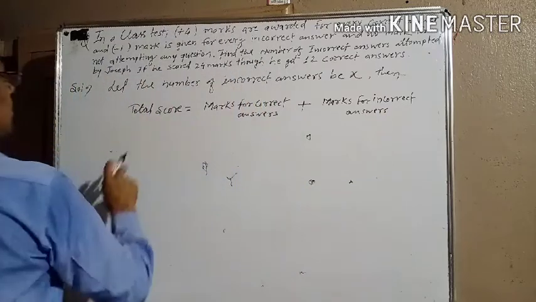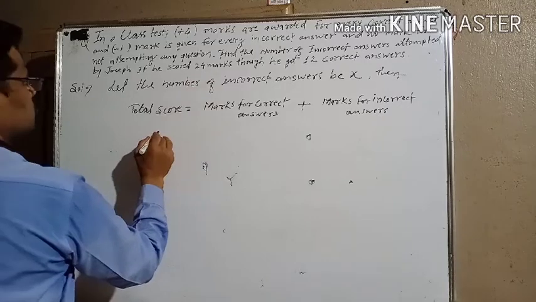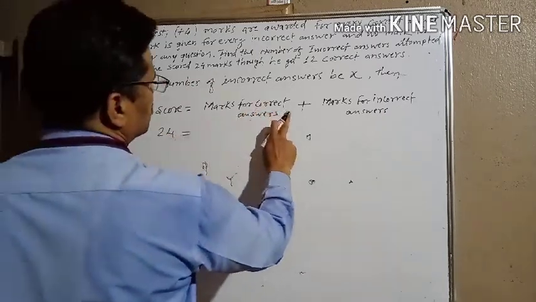Let's see. Total score. What is total score? His score is 24. So in place of total score, we can write here 24 is equal to marks for correct answers.